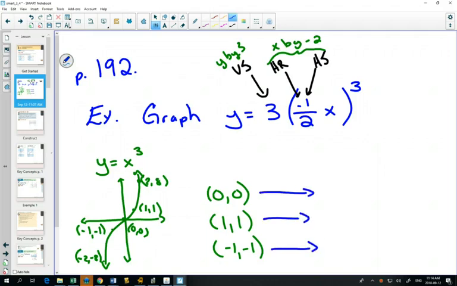I draw my arrows to show that it's going to get changed, and above here, I'm going to write out the fact that y is getting multiplied by 3, and x is going to get multiplied by negative 2.